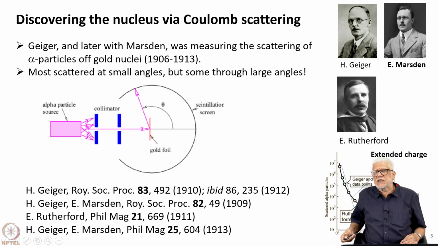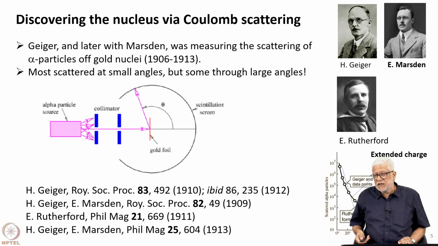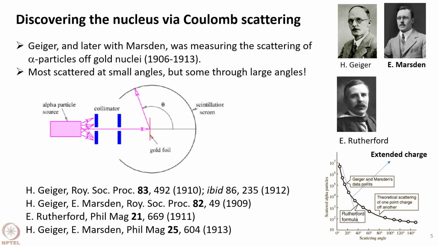It is the large angle scattering, because small angle scattering corresponds to large impact parameters, whereas large angle scattering corresponds to small impact parameters. That's when the projectile comes closest to the target. If you have a very compact entity in the atom, then you have large electric fields, and that leads to large angle scattering. So, this is what the experiment demonstrated.